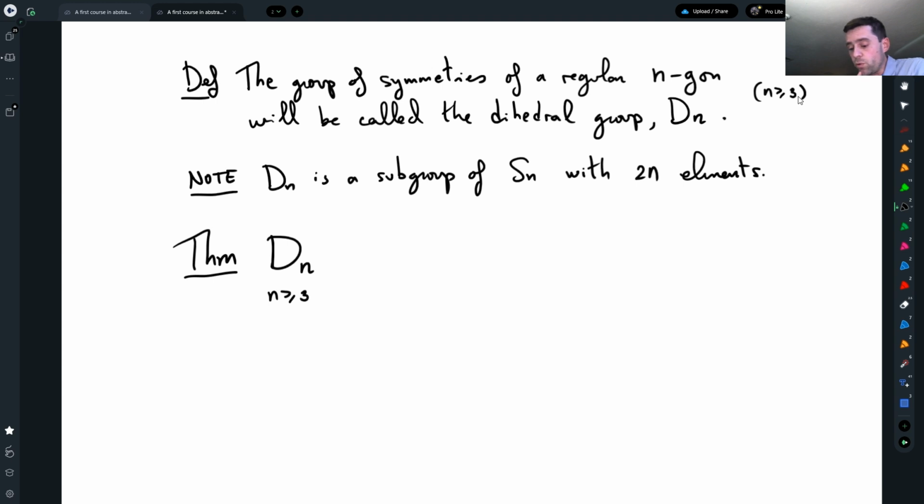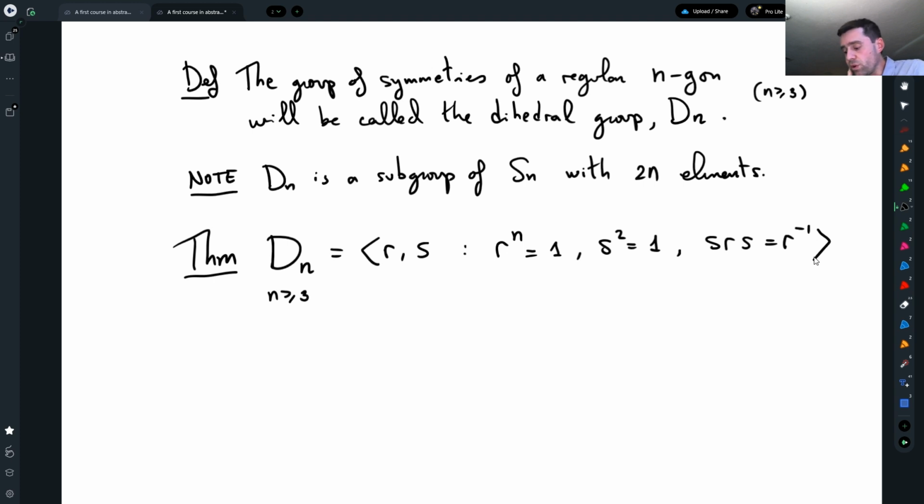The group Dn abstractly is generated by R and S, 2 elements. R is for rotation, and the other one is for reflection, but we call it S, such that R to the n is 1, S squared is 1, and SRS is R inverse.